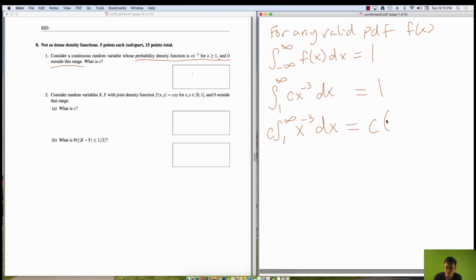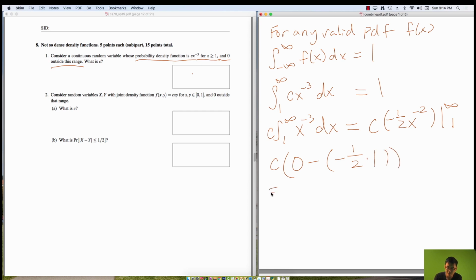That's just negative 1/2 x to the negative 2. I'm going to evaluate this at infinity and 1. If I evaluate x at infinity, it'll evaluate to 0 because 1 over infinity squared is 0. And then if I evaluate x at 1, this will just be negative 1/2 times 1.